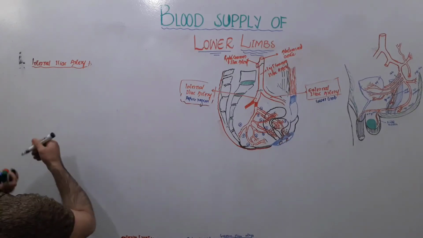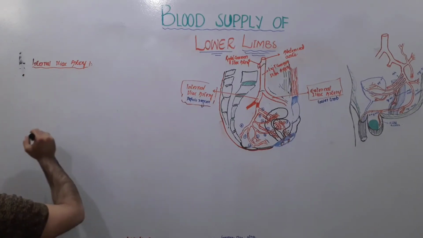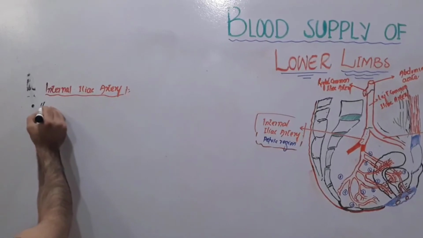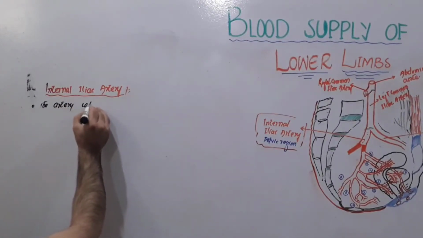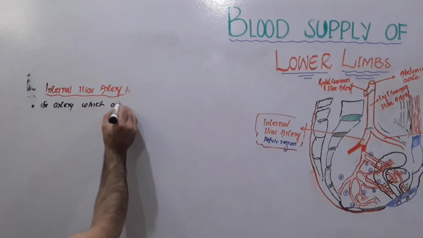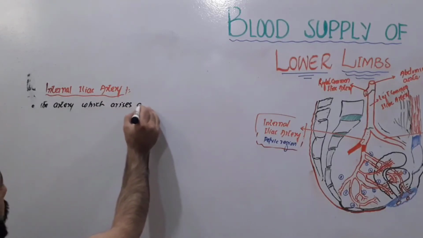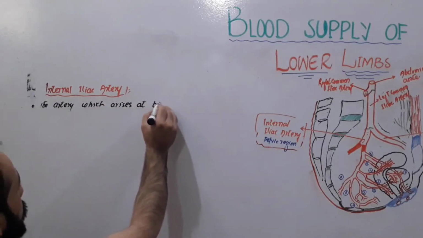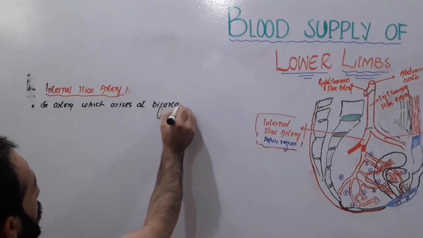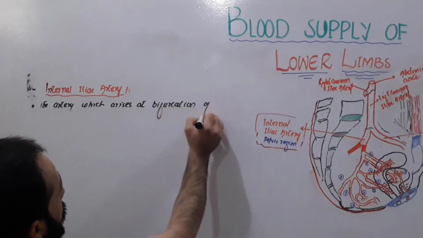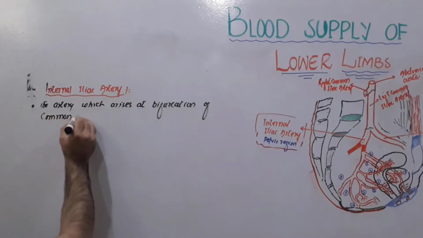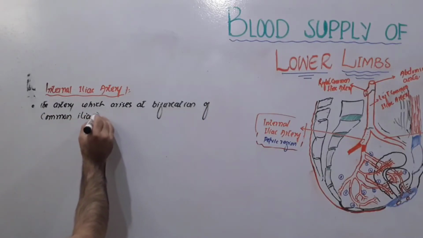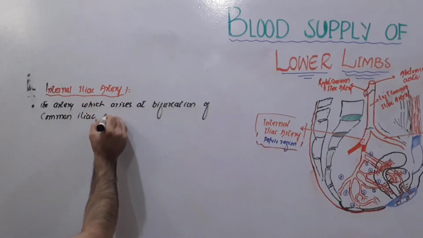So let us write its definition: the artery which arises at the bifurcation of the common iliac artery.